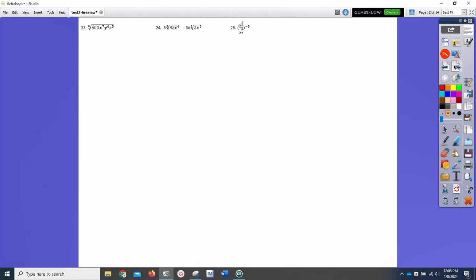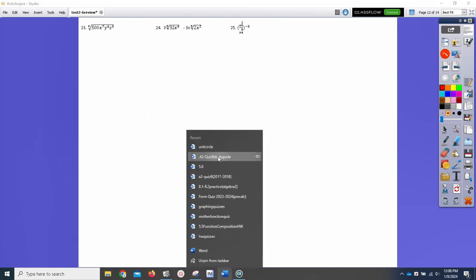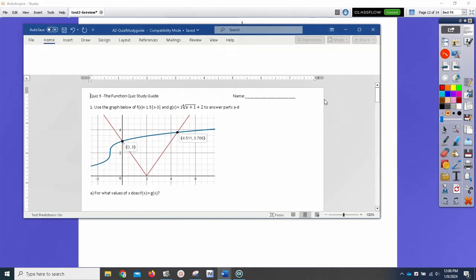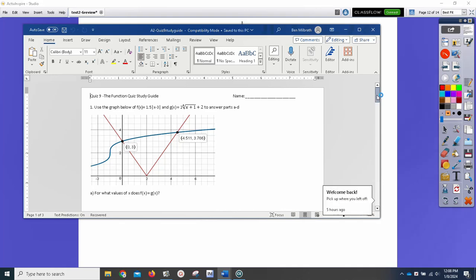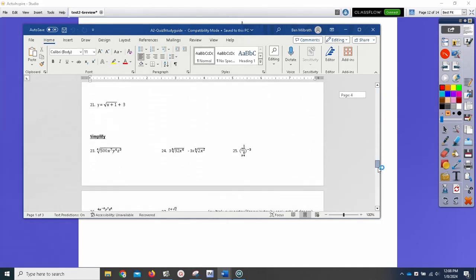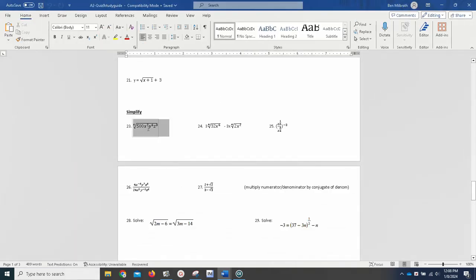Here we have simplification. I don't know about you, but I'm having a hard time seeing what that exponent is there. So let me pull up the original document. Sometimes when I copy out of documents, it's hard for me to read them. Still kind of hard to read. That or I'm just old.